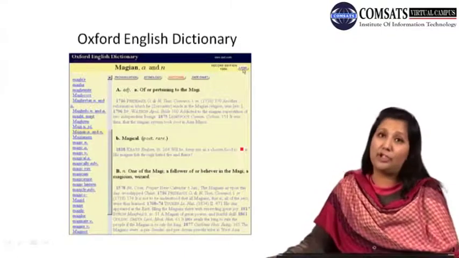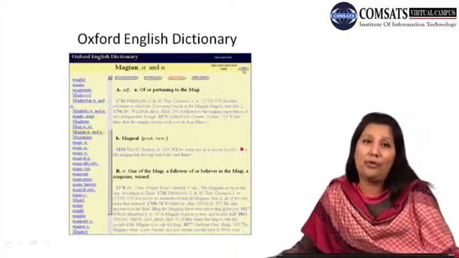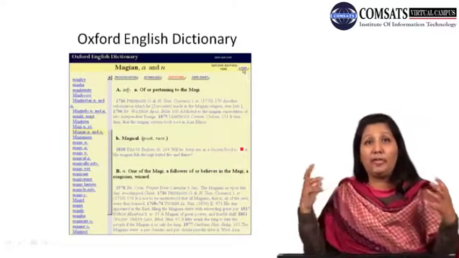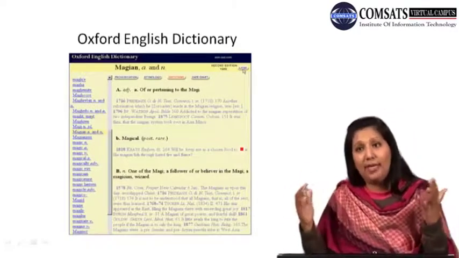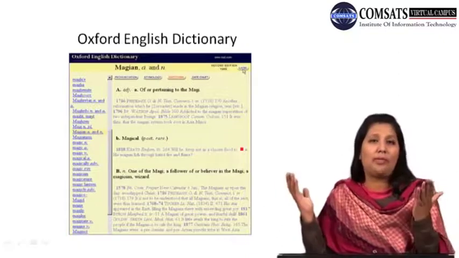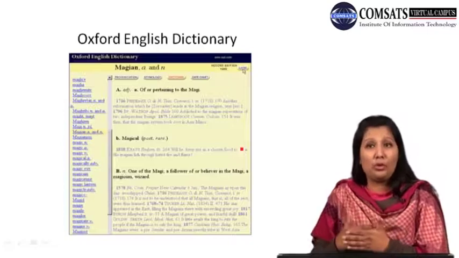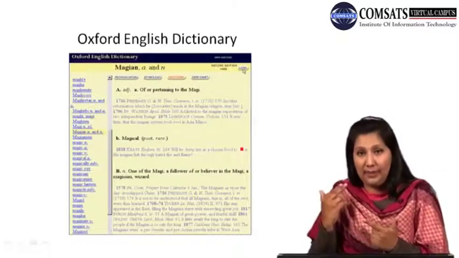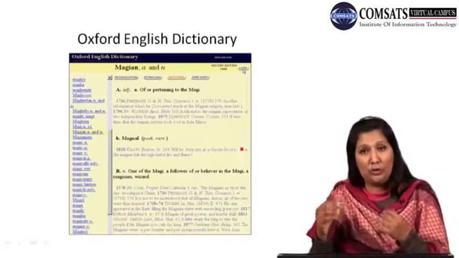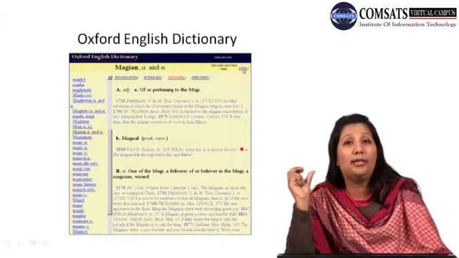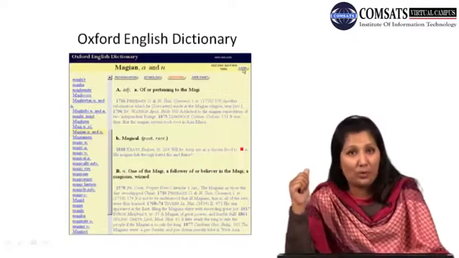You know that a dictionary is a rich bank of vocabulary where we have treasures of vocabulary. We can look not only at the meanings, but also at the transcription, that is the pronunciation of the words.